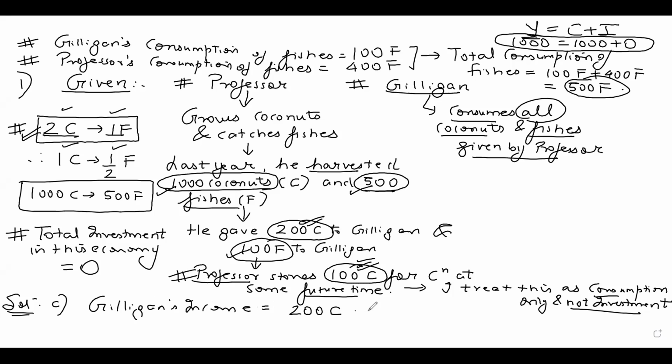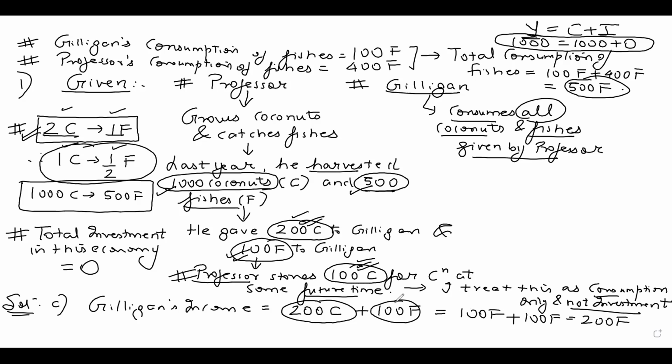Plus the 100 fishes he has, because the professor has given 200 coconuts and 100 fishes to Gilligan. Now 200 coconuts are equal to 100 fishes, because one coconut is half a fish. So income of Gilligan is 100 fishes plus 100 fishes, which is 200 fishes. And what is the professor's income?